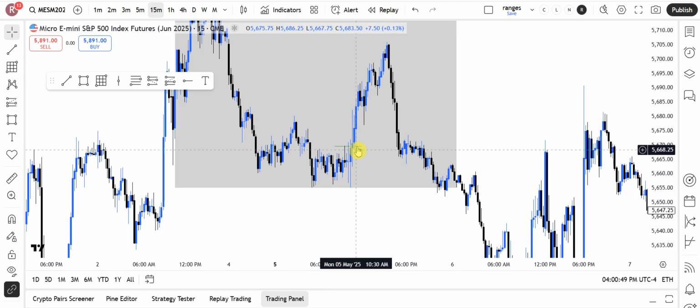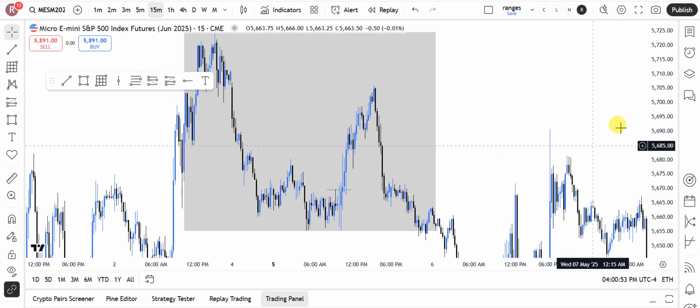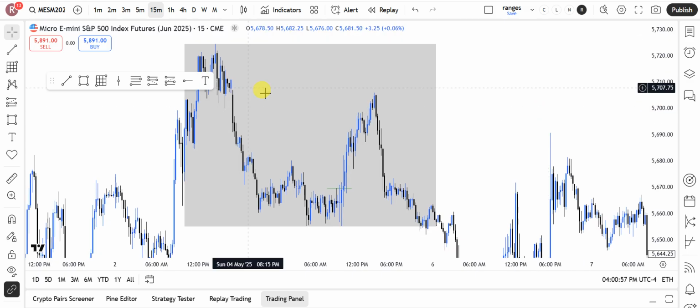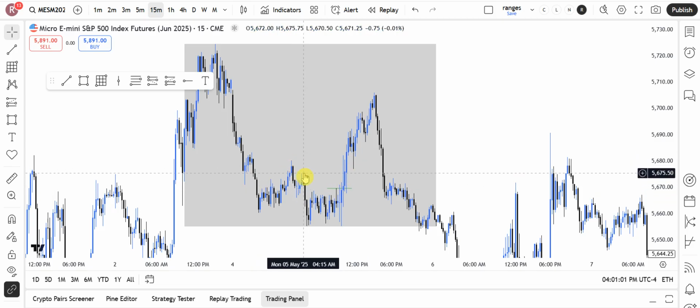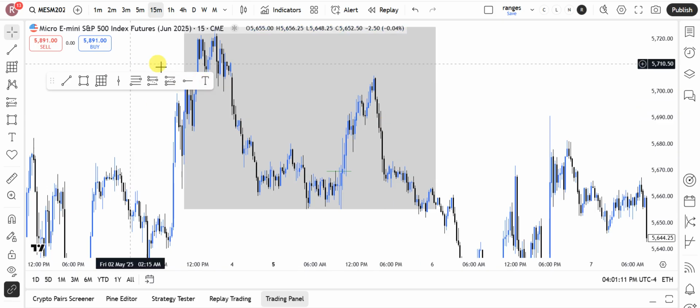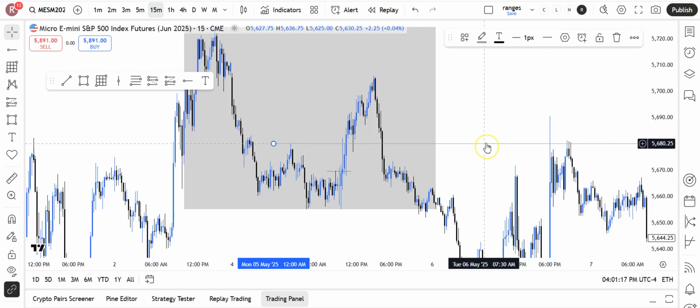And we have a reaction out of here. And what do we have right here? I know they are not exact, but this can be classified as equal level highs. So this is a very strong draw on liquidity.